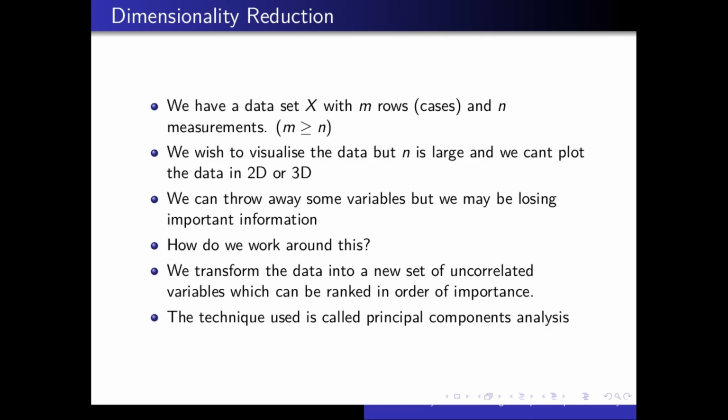So we work around this by transforming the data X into a new set of uncorrelated variables, which can be ranked in order of importance, and that way we can throw away some information and be able to tell how much information we are left with. The technique we will use here is called principal components analysis, and we'll proceed to describe it further.